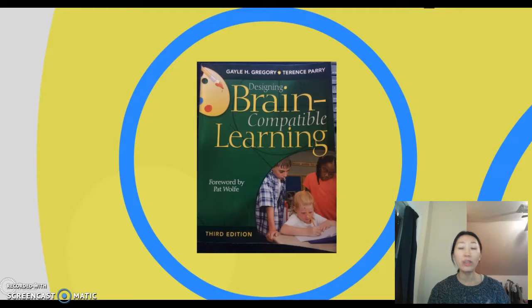Some teachers will hook their students, and then they have very strong motivation to want to learn something. Usually in that kind of situation, kids can use their brains very efficiently. So this book talks about how our brain functions, and we also have to take some factors into account, like emotion.